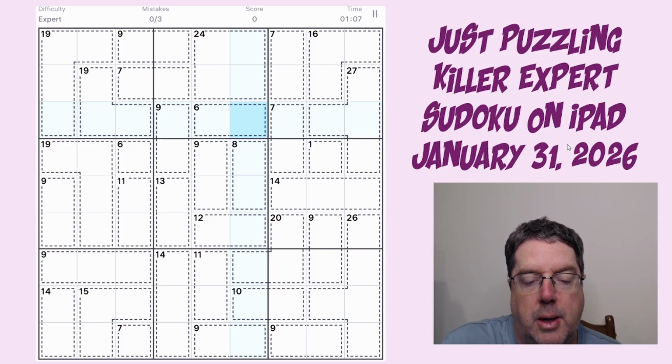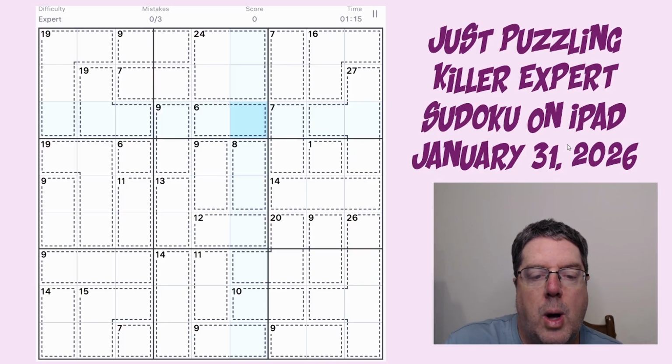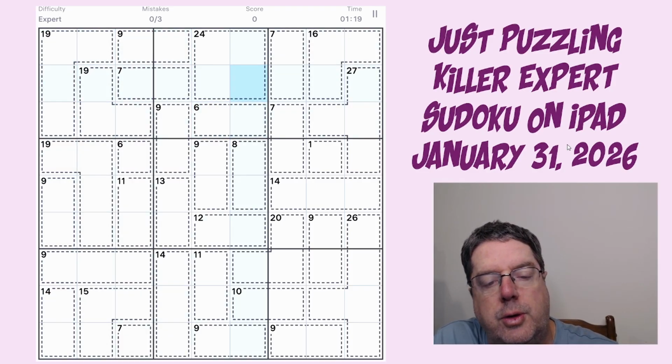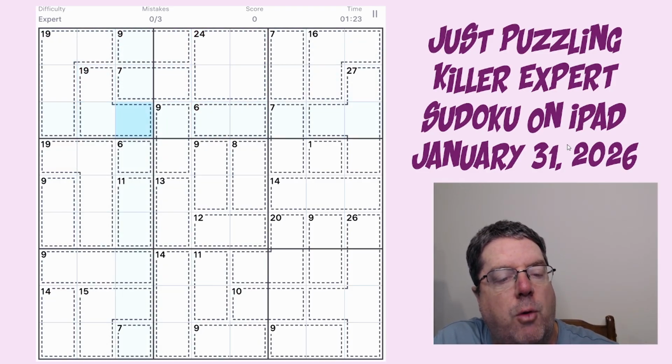Now, the other thing that I'll tell you is that because each row, column, and box needs the numbers 1 through 9, that adds up to 45, and that comes in handy. I can't see one at the moment. Oh yeah, I can. So this is a 45 box. All of these cages are full except for that one there.